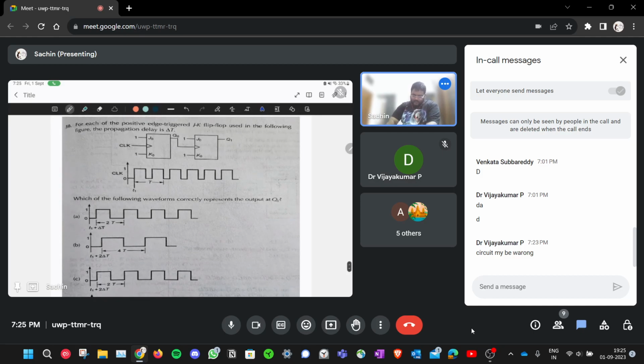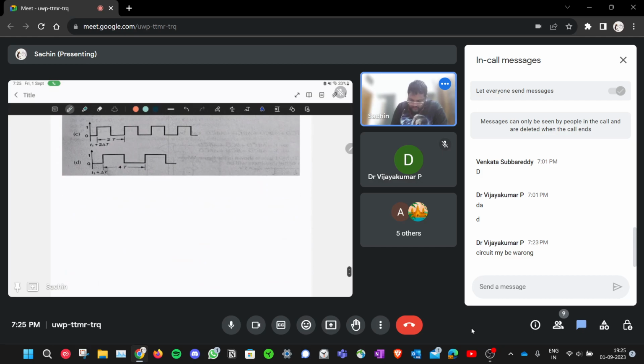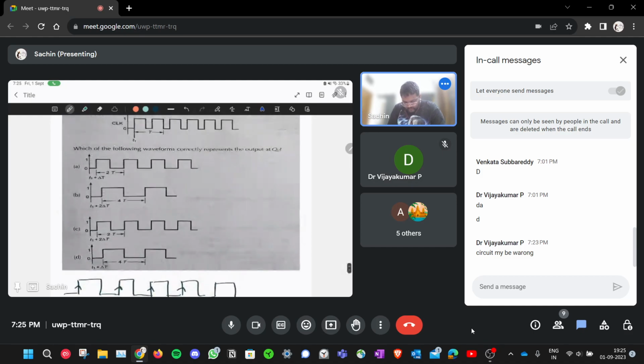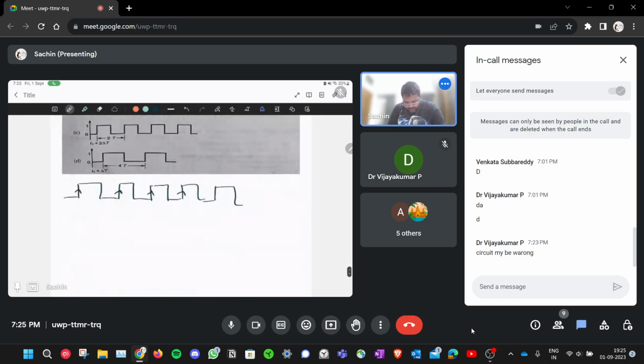So let's analyze that. You have this clock pulse here, and it's positive edge triggered. So the first flip-flop will toggle.